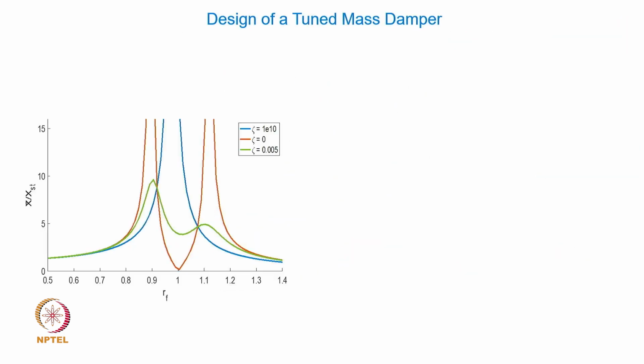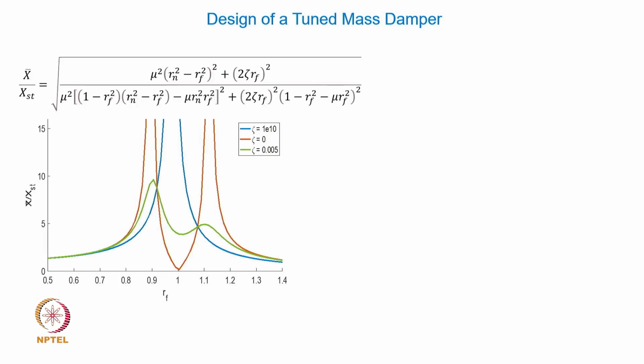Okay, how do we select or design the parameters? So this is the equation that we have already obtained in the initial solution process. Now we will start from here and gradually look at the expressions for the value of natural frequency ratio and the optimum damping.